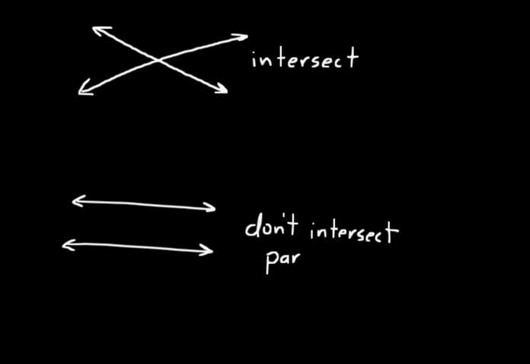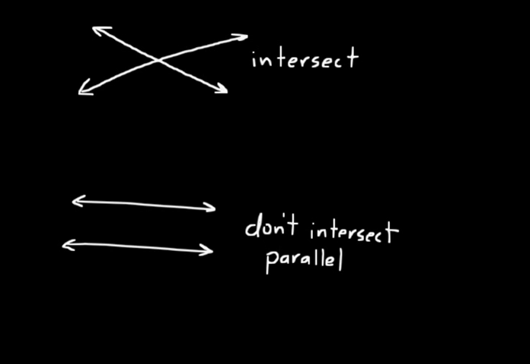Those are called parallel lines. Anytime you're working with two lines, they're going to do one or the other, because remember, they go on forever in both directions. So eventually they're either going to intersect, or if they're parallel, they will never ever intersect.